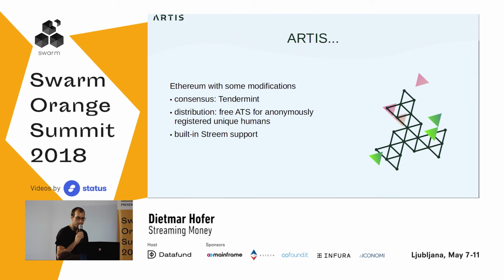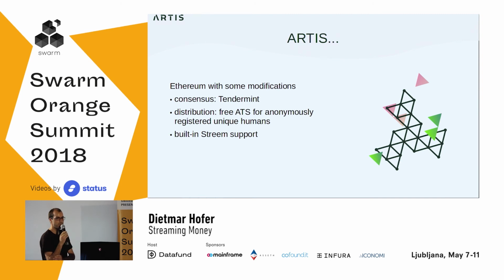Briefly about Artis. Artis is basically a fork of Ethereum, not a fork of the network, but a fork of the protocol. We make some modifications. I think there are some things we can try to do differently and see how this works out. One is to swap out the proof of work consensus with Tendermint. Distribution-wise, we want to distribute most of the ATS to so-called anonymously registered unique humans.